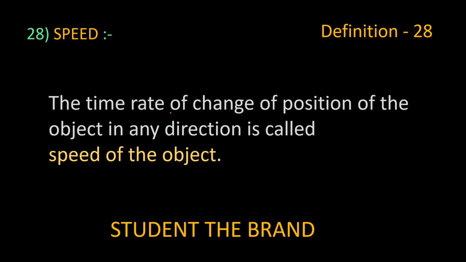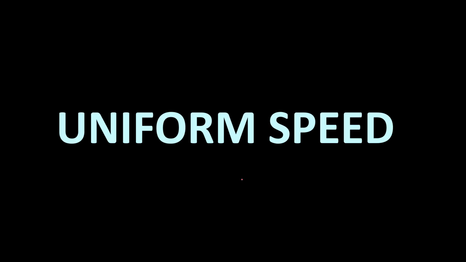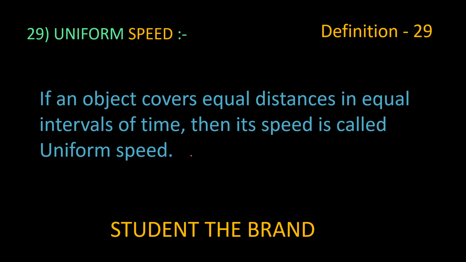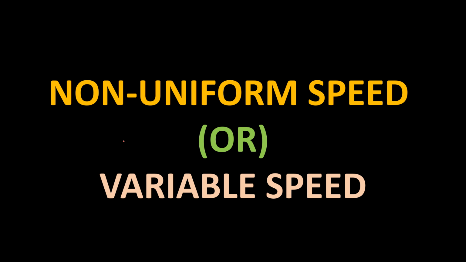Speed, the time rate of change of position of the object in any direction, is called the speed of the object. Uniform speed means if an object covers equal distances in equal intervals of time, then its speed is called uniform speed.